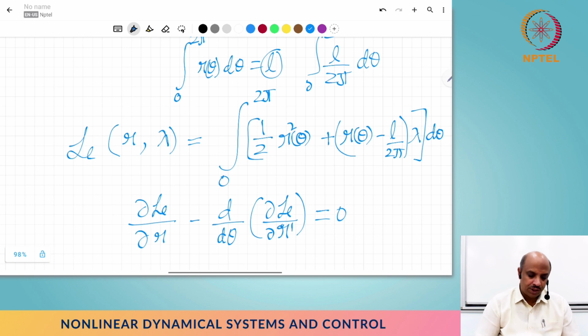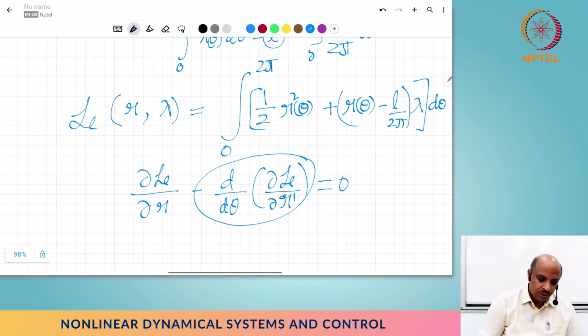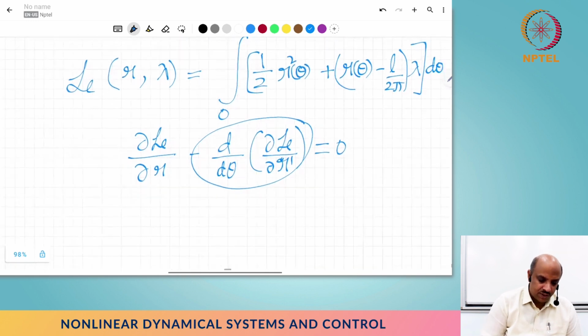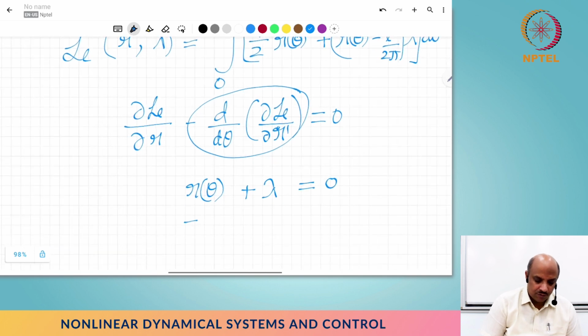But the function itself is not dependent on r prime, so this part is actually 0. So the partial with respect to r has to be 0, and that essentially says r of theta, and then the second part is going to produce lambda. So plus lambda has to be equal to 0. In other words, this tells me r of theta is going to be some constant, lambda. Lambda could be positive or negative.